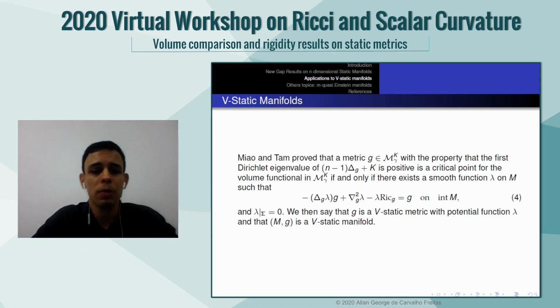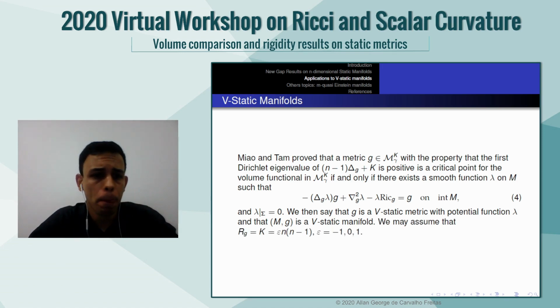For example, metrics of this type have constant scalar curvature, but the boundary is not totally geodesic, but totally umbilical. And you can assume that the scalar curvature is equal to this constant.